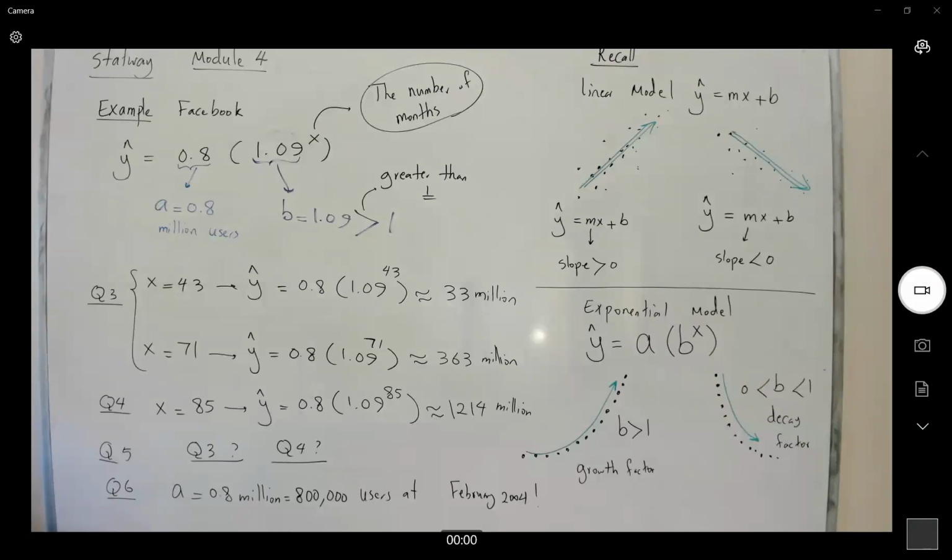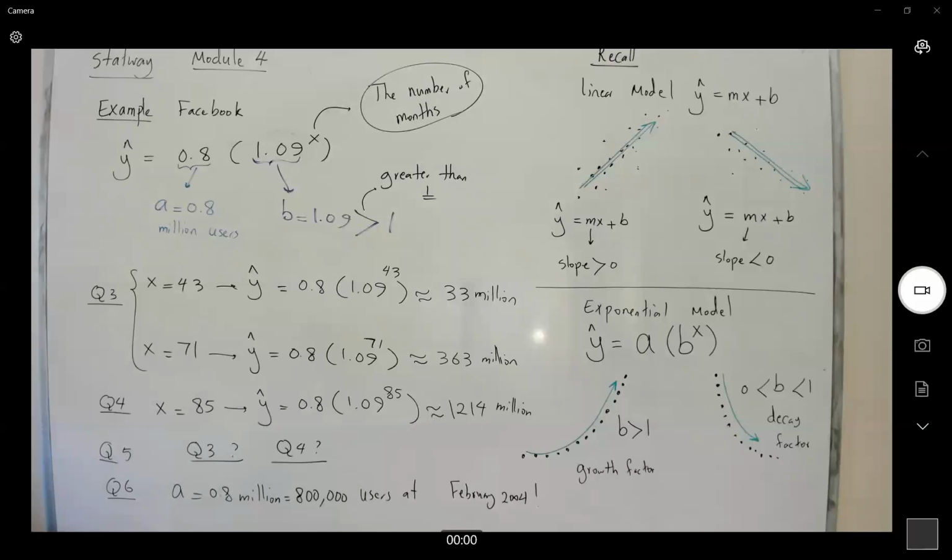So to answer question 5, you can say that the information about question 3 is more reliable than the answer to question 4. Why is that? What's the reason behind it? We're trying to extrapolate. That's the reason. That's why the answer to question 4 is not that reliable.